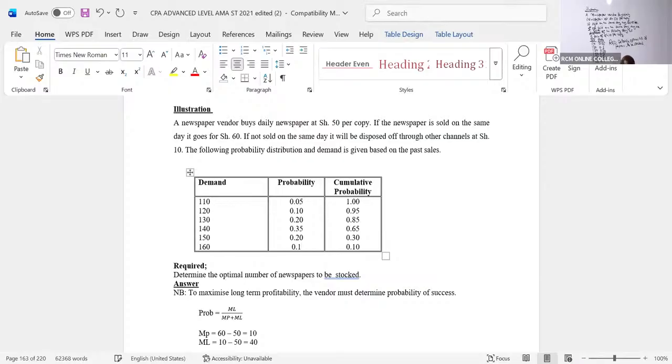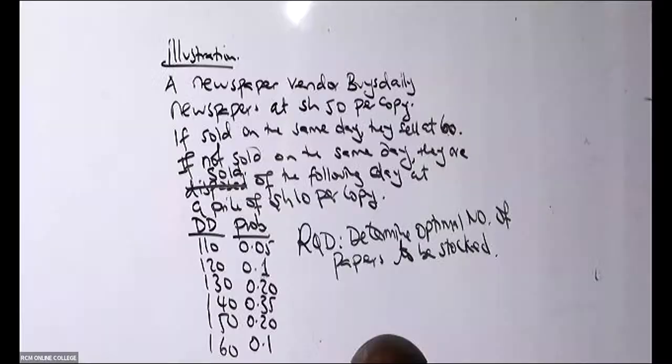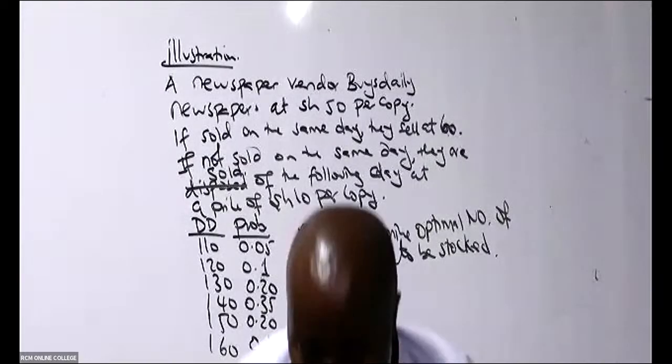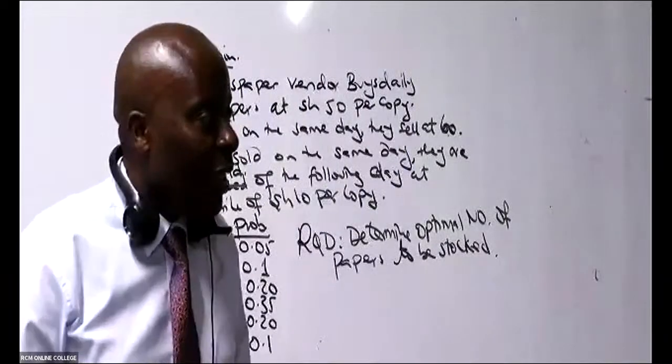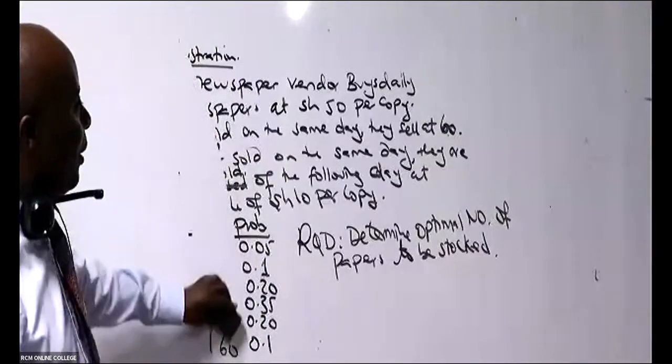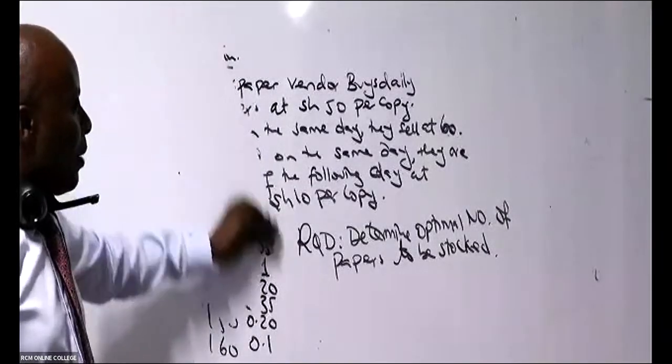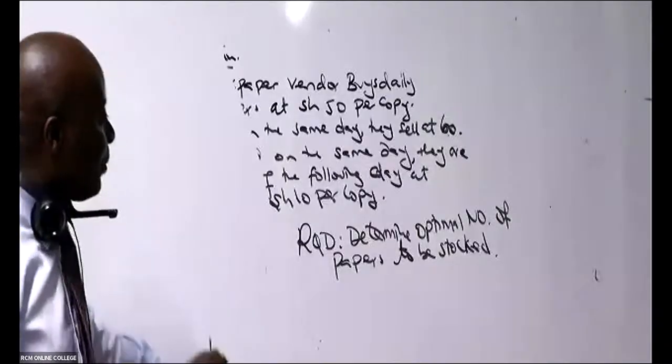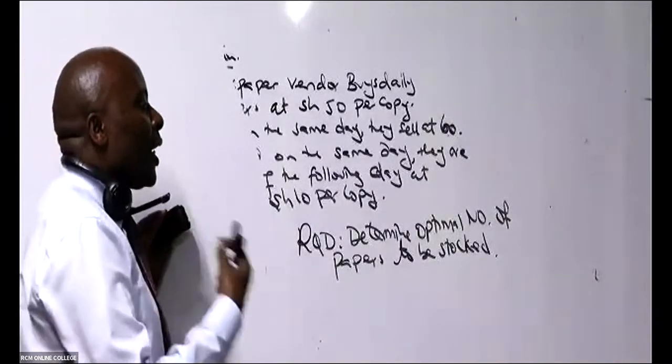The first thing you are supposed to know is that this is a perishable commodity. The gentleman buys these newspapers on the very same day. If he is lucky to sell all of them, he will sell each one for 60 bob. But in the event that he is not able to sell them, these items will lose significant value.